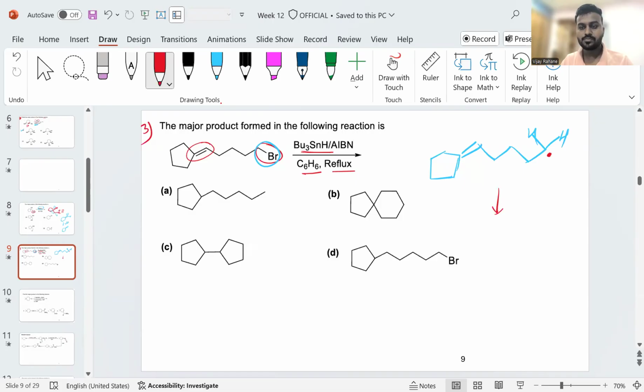So once this radical forms, if you look at the chain, it has the 1, 2, 3, 4, 5, and the 6 number carbon. So there will be a cyclization step, and this cyclization step follows the 5-exo-trig cyclization mechanism.